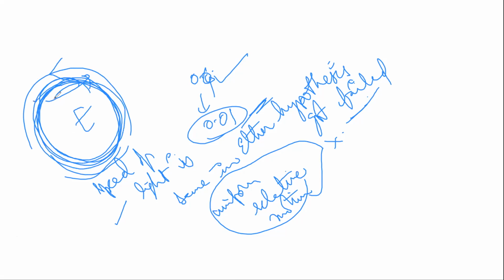Because of that, they explained the negative result by the ether drag theory. Also the Lorentz-FitzGerald contraction hypothesis explains the negative result, and also the light velocity hypothesis. We have three types of negative result explanation. You could just go through that, you'll easily understand.